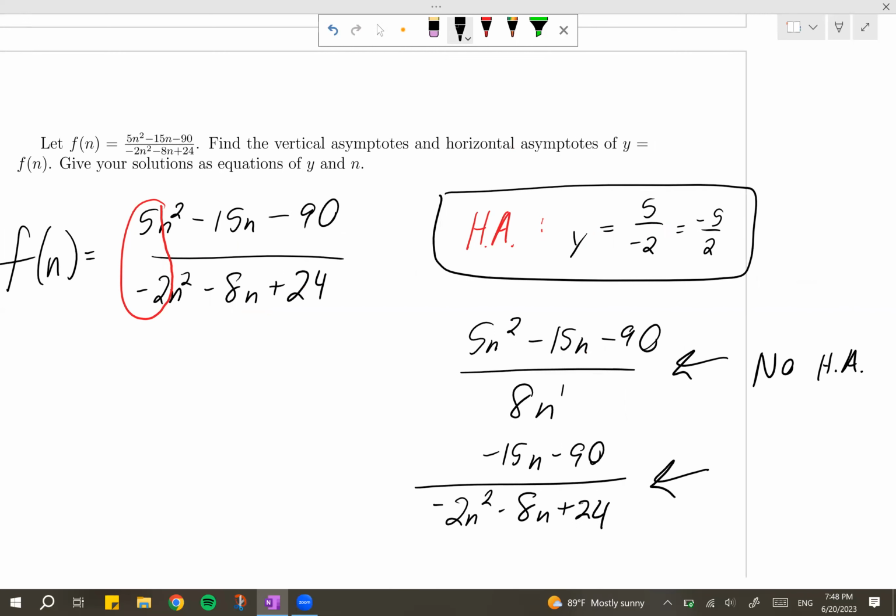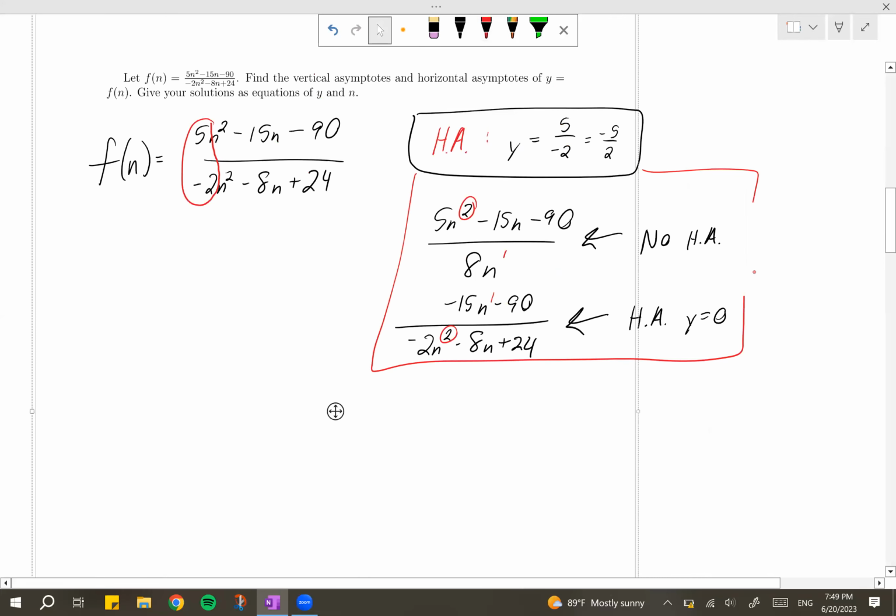In this case, the horizontal asymptote is y equal to 0. That's always the case because of this 2 in the denominator and the 1 in the numerator. And in the other one, we had a 2 in the numerator and a 1 in the denominator. So these are just helpful hints for these problems. These are your cases with your horizontal asymptotes.